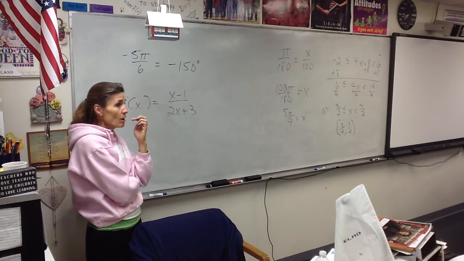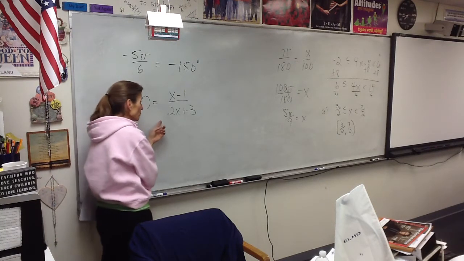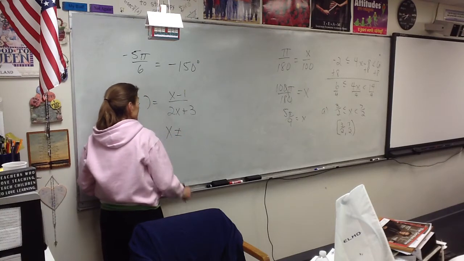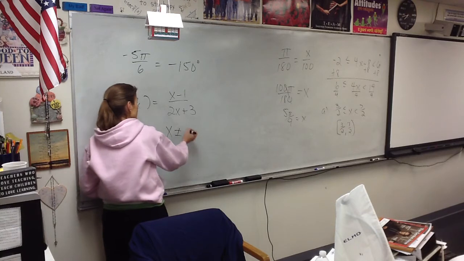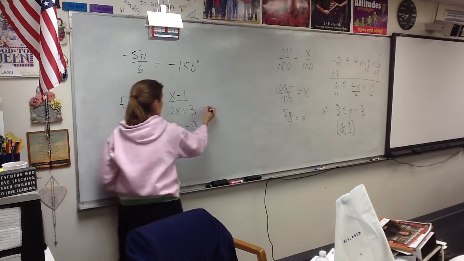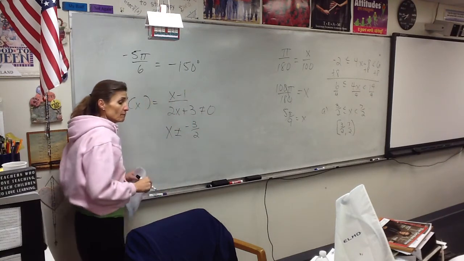Can't have a 0 in the denominator. So here I do have to worry about that. So what is my domain? Everything except what? Negative 3/2. This cannot be 0. So solve that. X can't be negative 3/2.